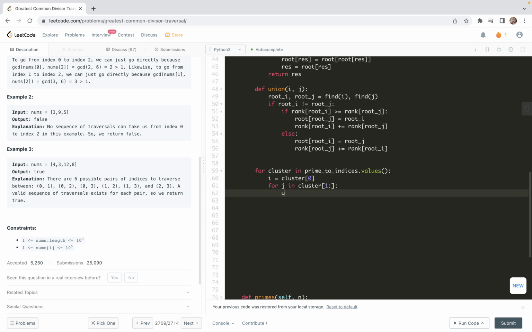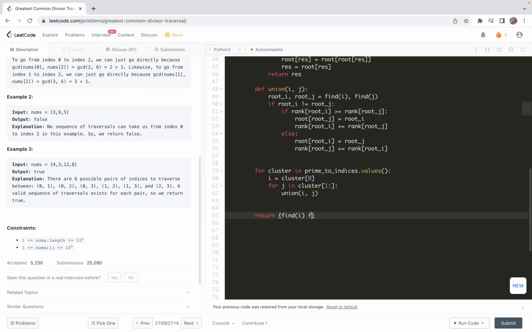So this is just some preparations, right? So next, let's look at the problem logic. For each cluster, or for each prime, the indices correspond to a cluster. So in the prime to indices values, we only care about these values. And then let's pick one of the elements first. So cluster, right?